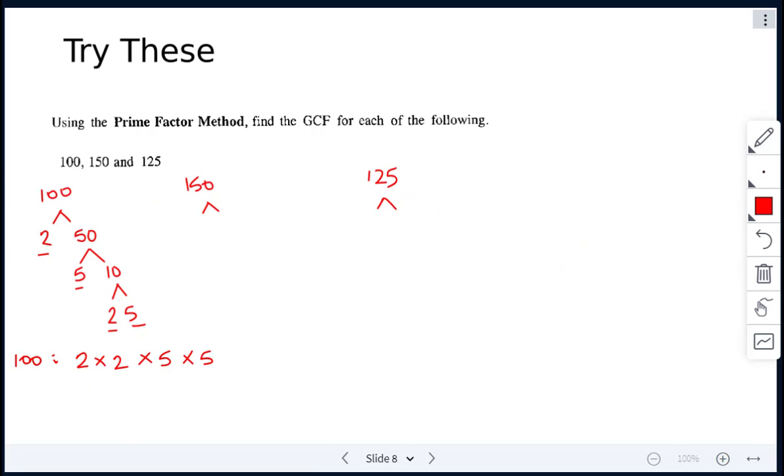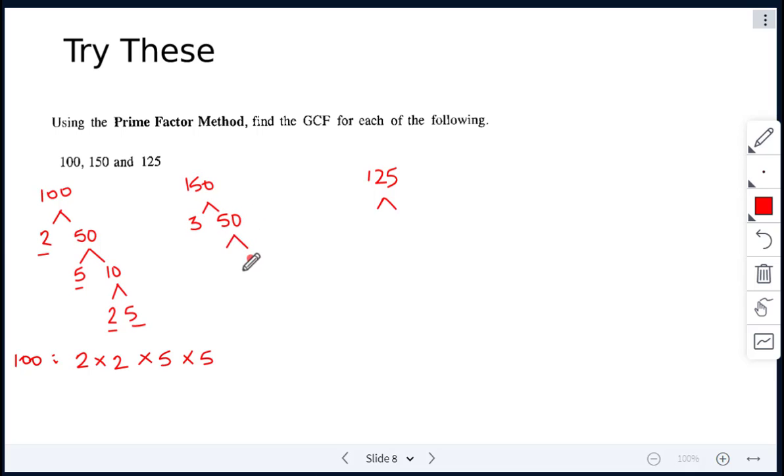For this question, we are using the prime factor method to find the greatest common factor of 100, 150, and 125. So I've already completed 100. I got 2 times 2 times 5 times 5. Next I'm going to prime factor 150. Two numbers, I'll use 3 and 50.